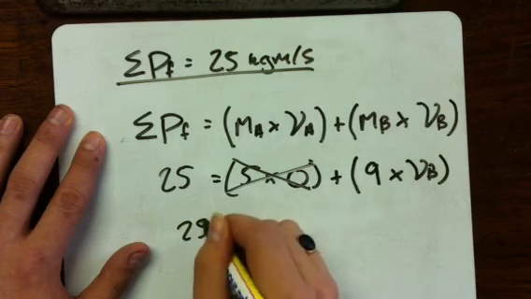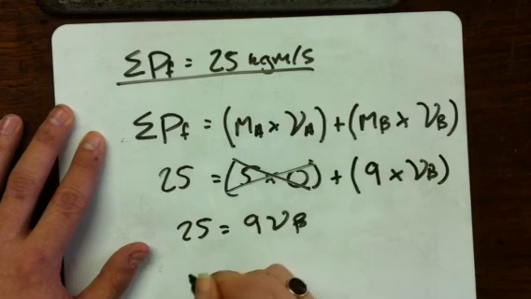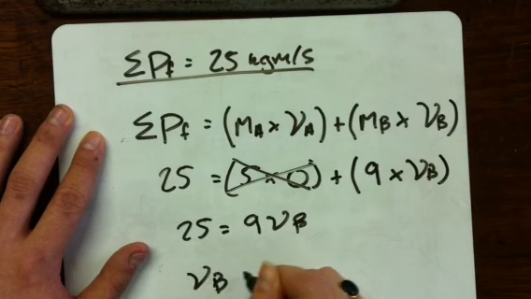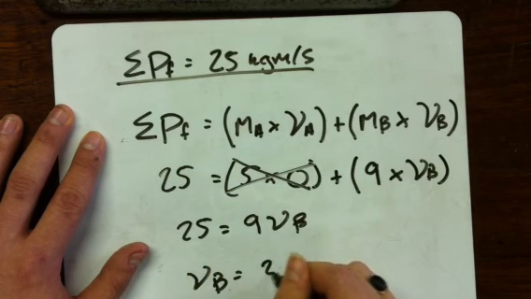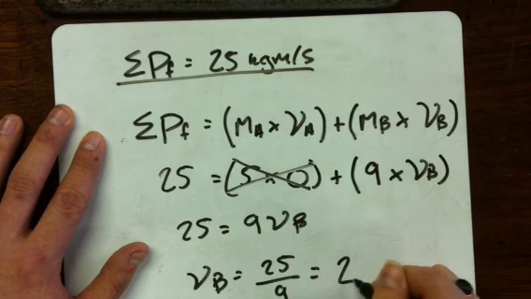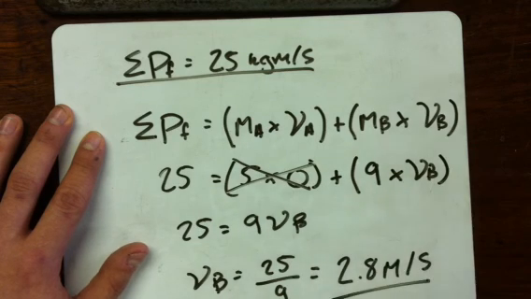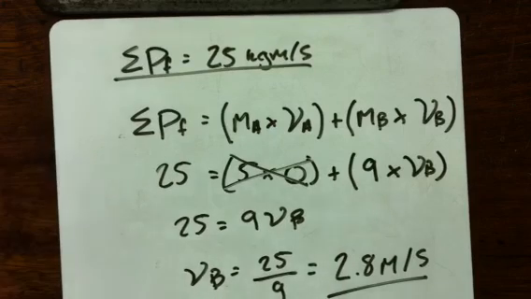So 25 equals 9 v_B. A very simple rearrangement, that v_B must therefore equal 25 divided by 9, which, if you put that into a calculator, you should have 2.8 meters per second. And that's it. The answer is 2.8 meters per second.